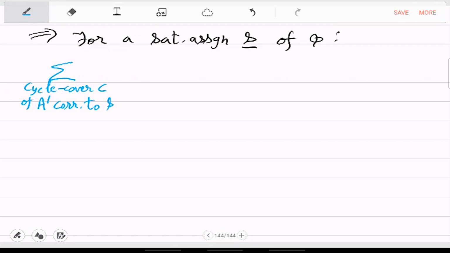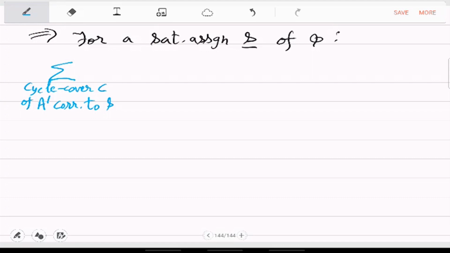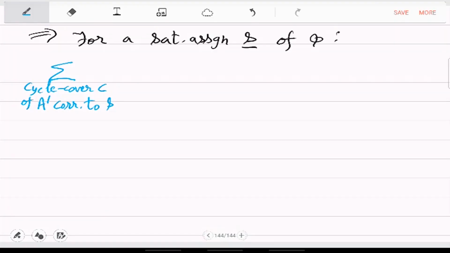Note that although I said that it's 1-to-1, satisfying assignment corresponds to cycle cover, the problem is that there are multiple paths or cycle covers which the gadgets are introducing. We can count them, but still one satisfying assignment S is giving several simply related cycle covers. If you sum up their weights, that comes out to be bigger than 1. Okay, this is why we are doing this calculation.